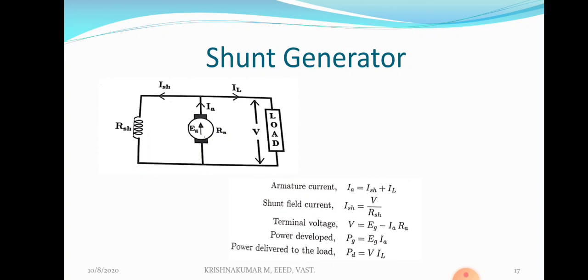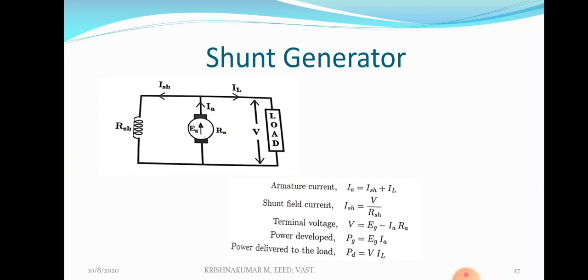What about shunt field current? For getting the shunt field current, ISH is equal to V by RSH, because V is the voltage available across the load. The same voltage is available across the shunt field winding also, because the shunt field and load are connected across the armature.